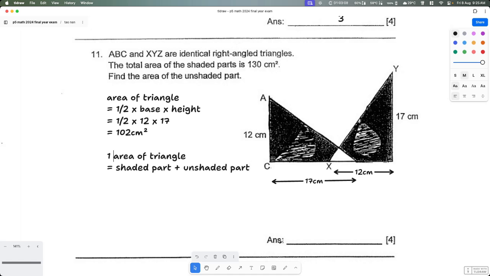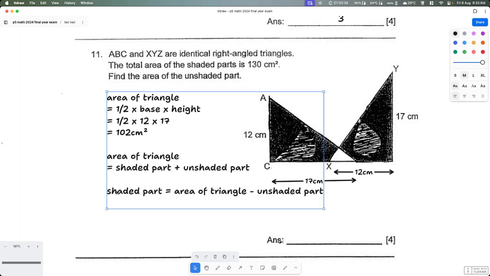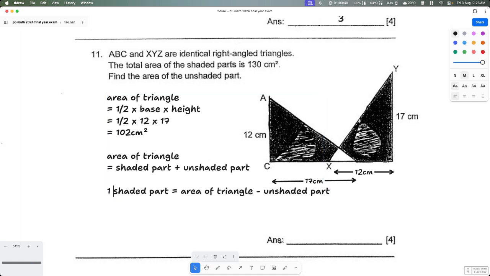So one area of triangle is equal to shaded part plus unshaded part.